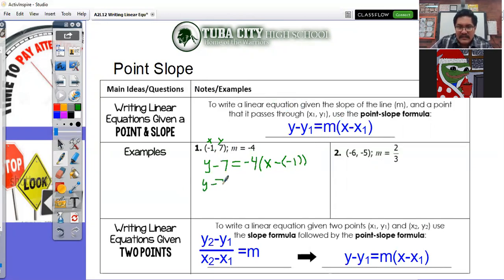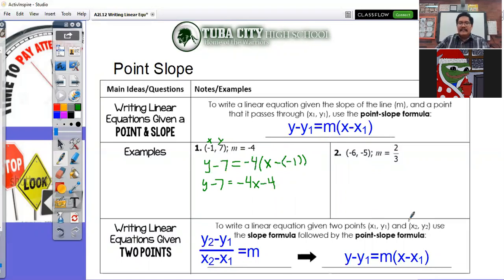First, I'm going to get rid of my parentheses. So -4 times x will be -4x. -4 times, now this is going to be +1, which is a strange case in that we have a triple negative. So these 2 cancel each other out, so it becomes +1, but -4 times +1 is going to be -4.